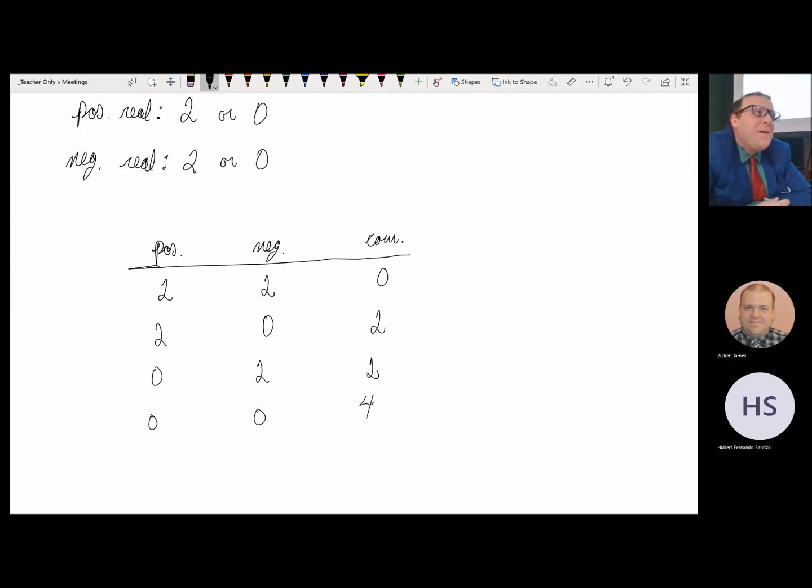Let's check the rationals. Bigger sheets of paper. You have no idea. So what I'm going to do for this one is I'm not going to go through all that I checked in my notes because we're going to be here for a while.